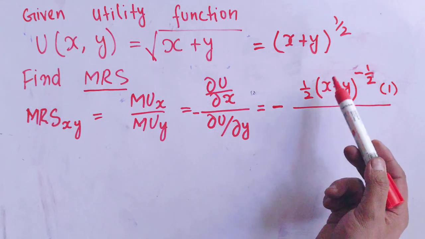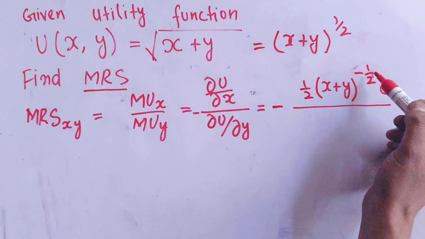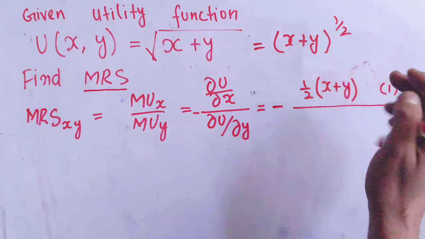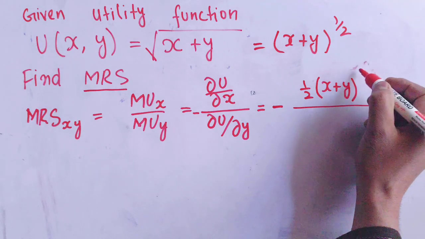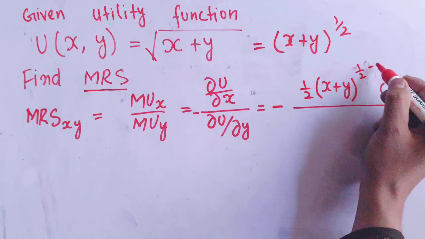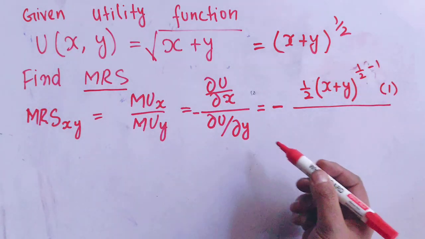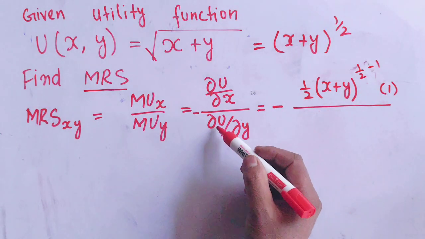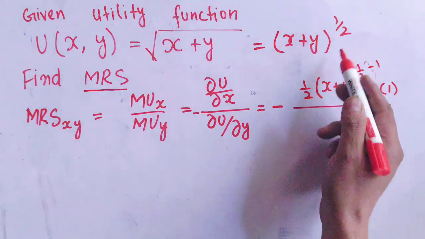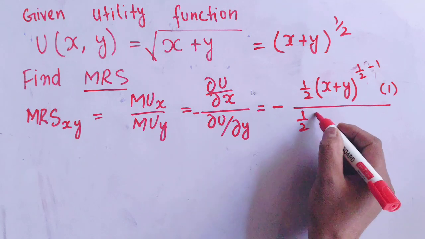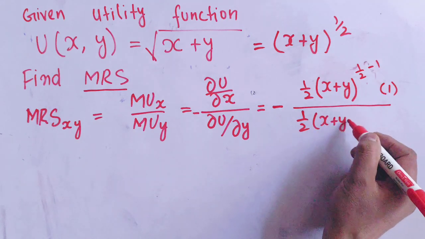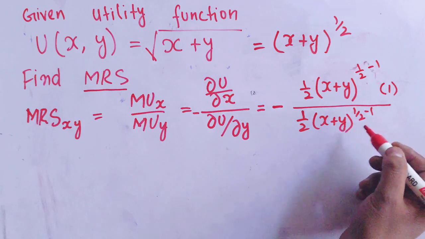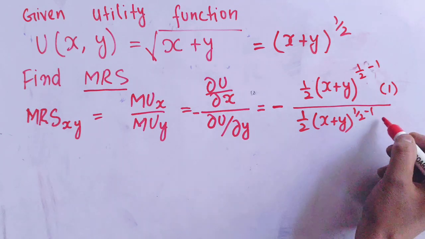means the partial derivative of the utility function with respect to y, where the exponent becomes the coefficient and the exponent is subtracted by 1, so we get 1 upon 2 minus 1, which will become minus 1 upon 2. Similarly, the derivative with respect to good y will be, the exponent again becomes the coefficient, then we have x plus y, and the exponent is subtracted by 1, 1 upon 2 minus 1, times the derivative of y, which is 1.